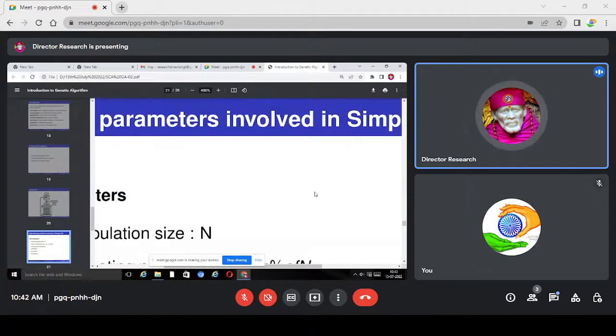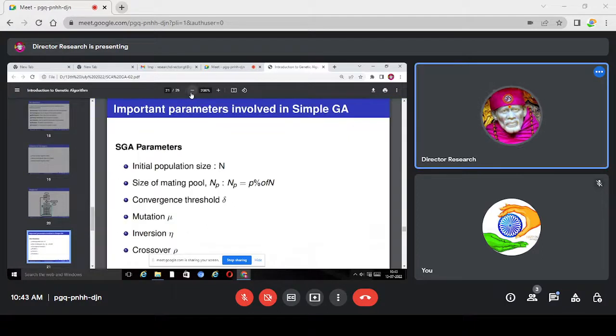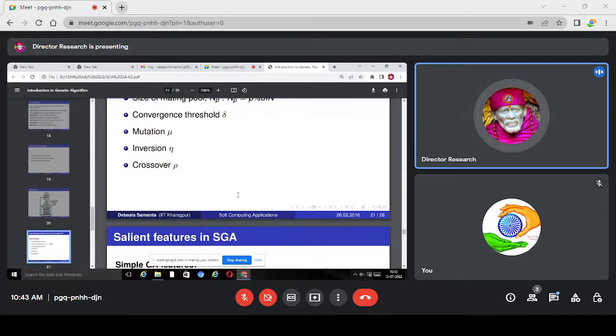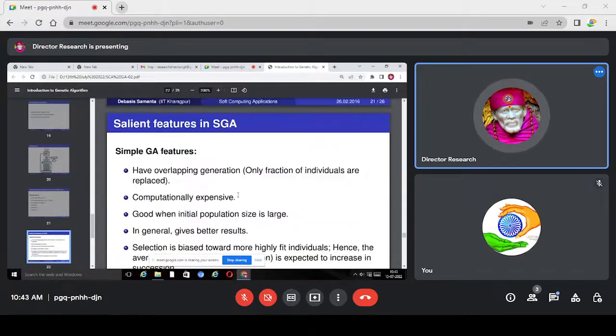Soft computing applications. GA parameters: initial population size N, size of mating pool, convergence threshold, mutation, inversion, crossover. Salient features of SGA, the simple genetic algorithm: it has overlapped generations, and only a fraction of individuals are replaced.